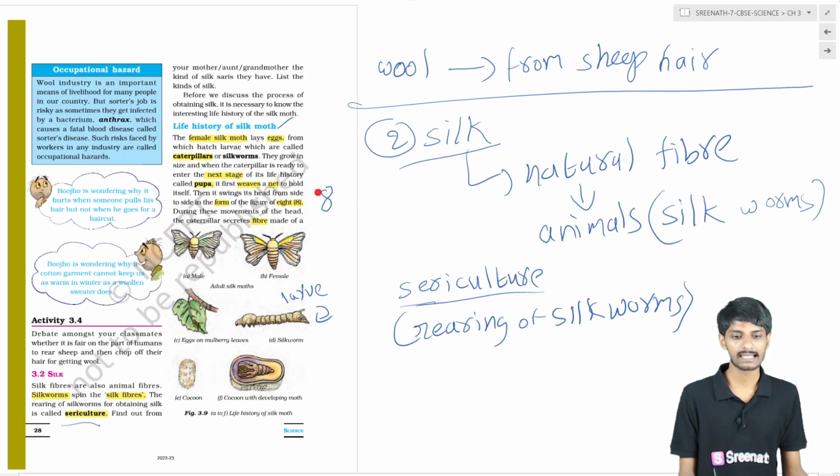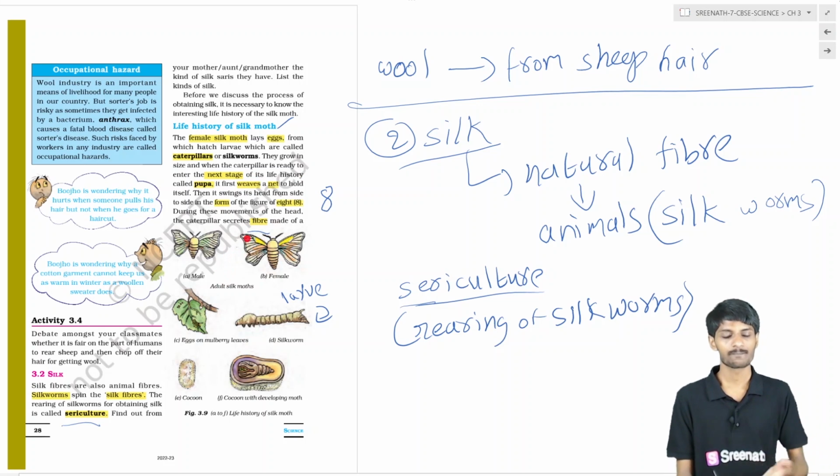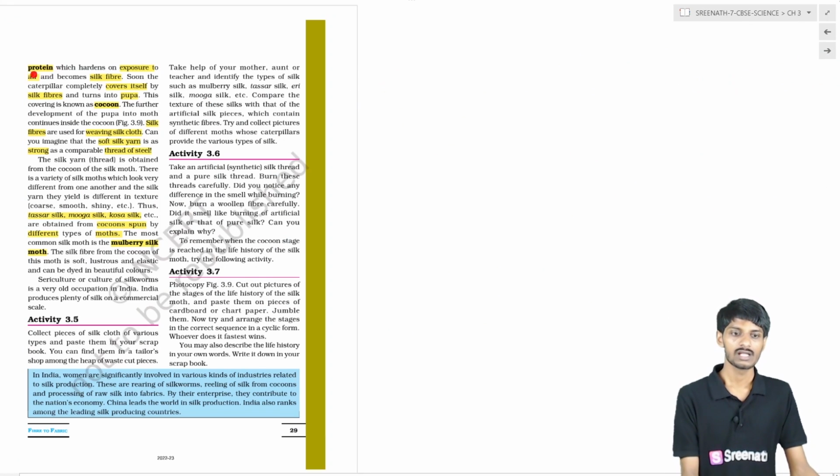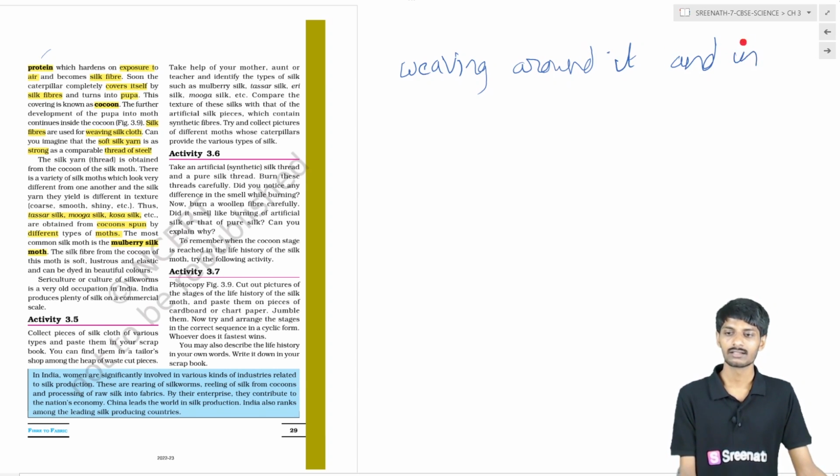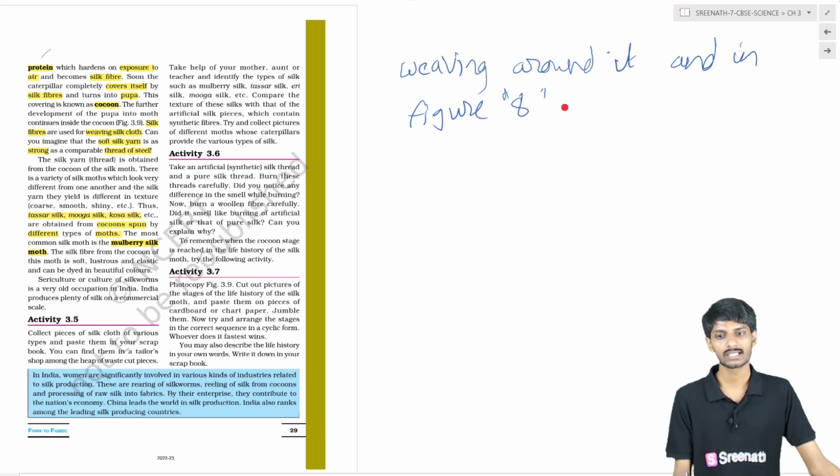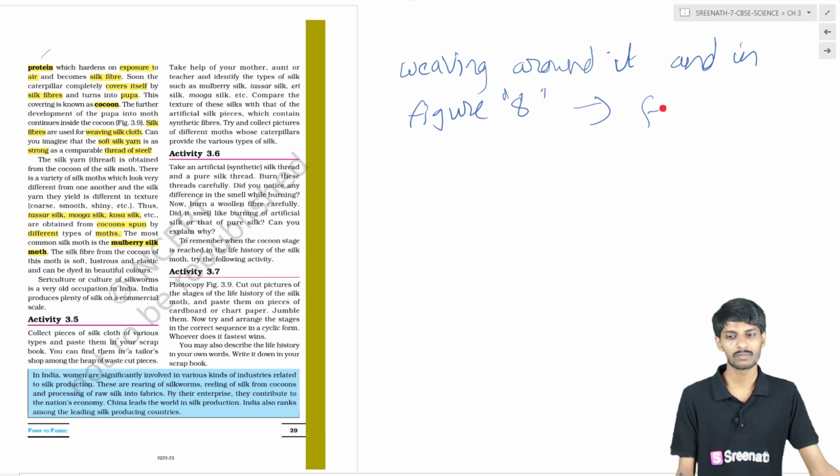During this process of weaving, fibers will be created. These fibers have a protein which hardens on exposure to air and becomes silk fiber. In the process of weaving in a figure of 8, we get fiber, which is a protein and is strong also.